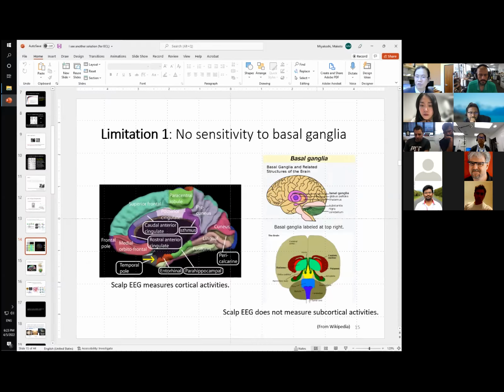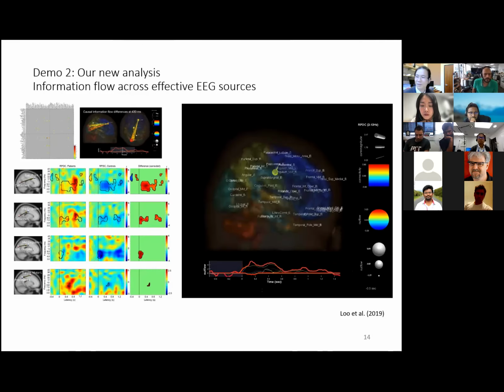So we published this as evidence of finding some pathology in the tic patients. This group-level source information flow toolbox, SIFT, is what I developed for this project for Sandra Lu from UCLA.